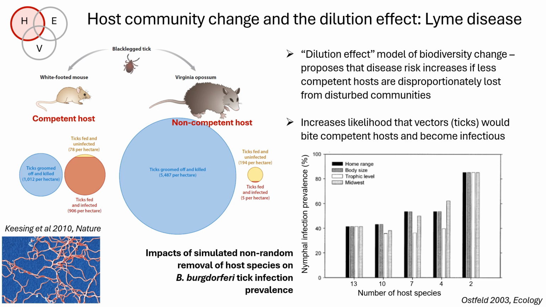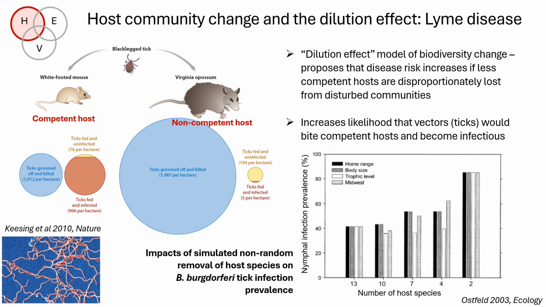And so this slide here shows the findings from some of the canonical early work in this field, which emerged from studies of Lyme disease in North America by Richard Ostfeld and Felicia Keesing, asking this question of why Lyme disease was surging in suburban areas.